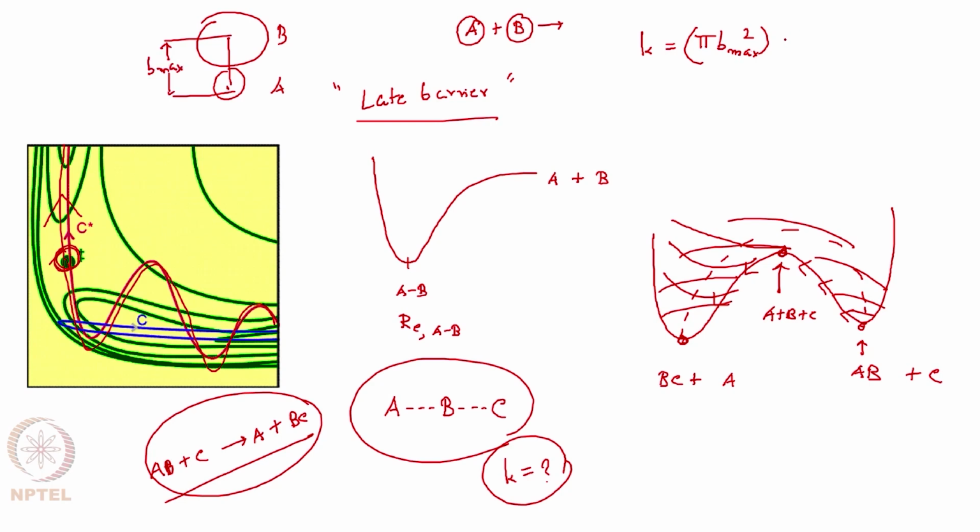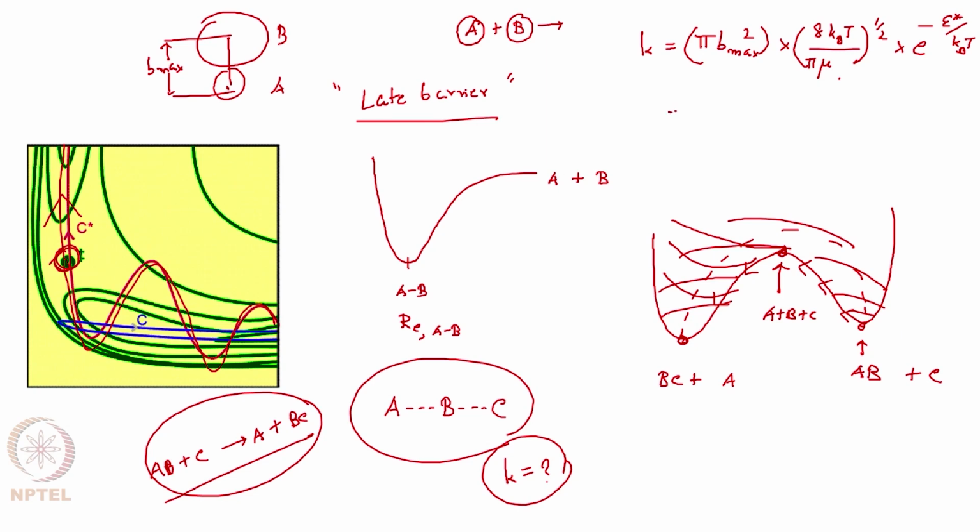So that is Bmax, and then it will be multiplied by their relative velocity, the expression for which, obtained from the Maxwell-Boltzmann distribution of molecular speed, is 8 kBT by pi mu, where mu is the reduced mass of the system, and times a Boltzmann factor, which is e to the power minus epsilon star by kBT, where epsilon star is the minimum energy that the collision should have to cross this barrier.